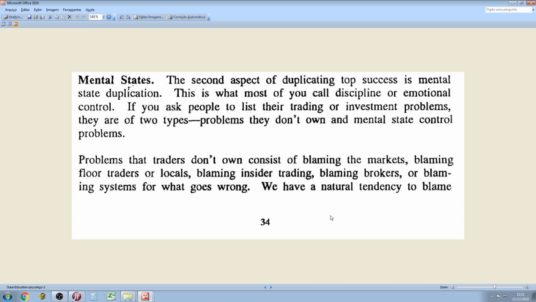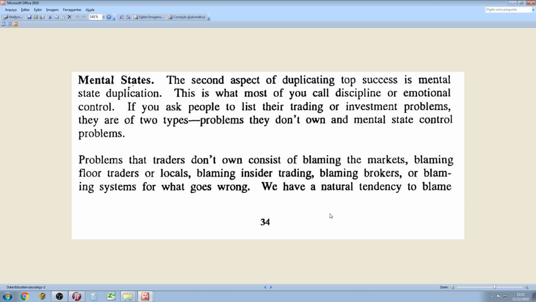Did you blame your spouse because she was interrupting you? Did you blame the government or the electricity company because the electricity went off just at the news time? So the question is, are you blaming others? It doesn't matter who or what. The question is, are you blaming others for your lack of success?